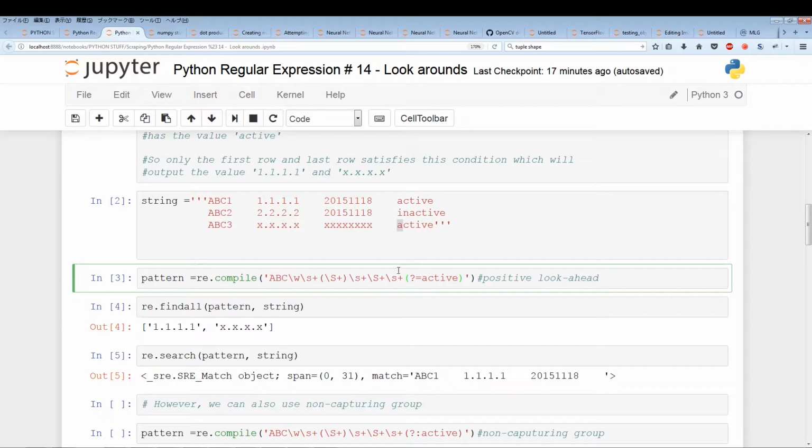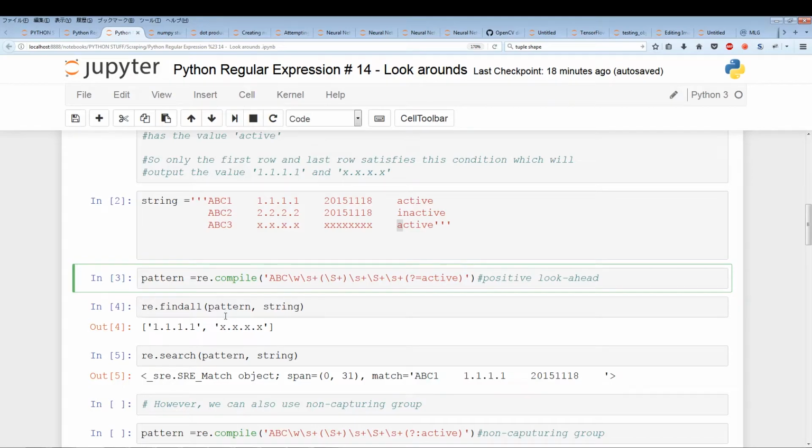This is a little confusing, but I'll have better examples. So remember, this is not being captured despite using re.search. That's the key difference. This is something called a zero width assertion, and I'll show you some examples of exactly what I mean.